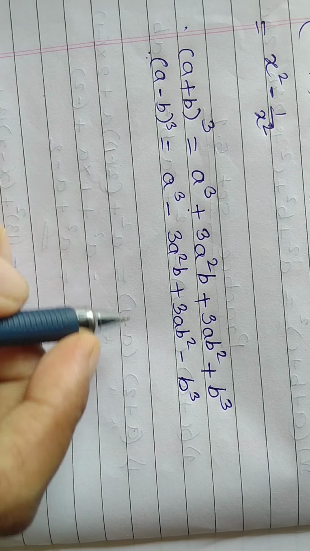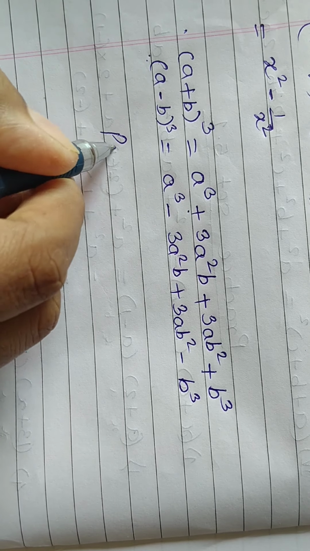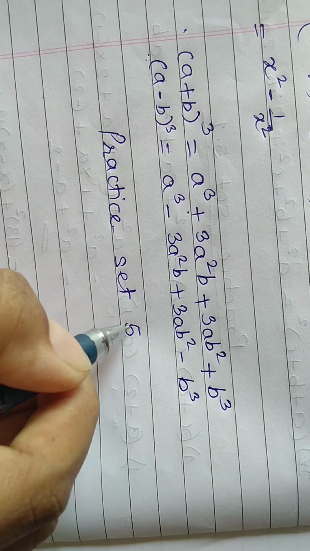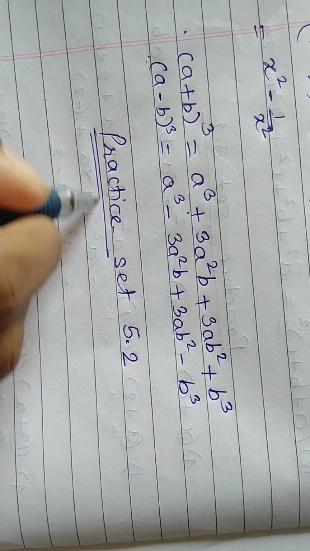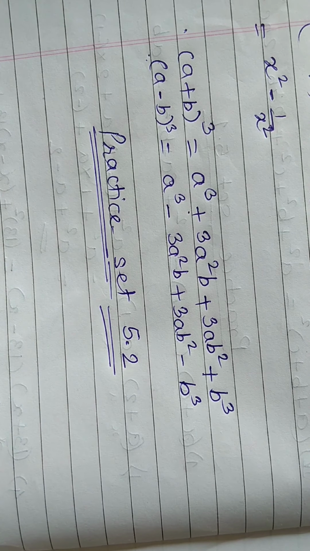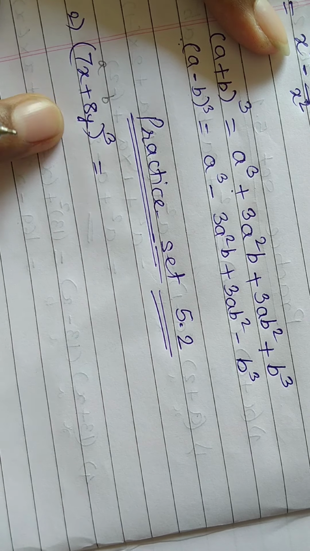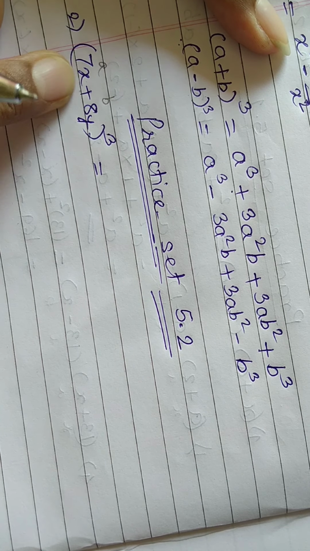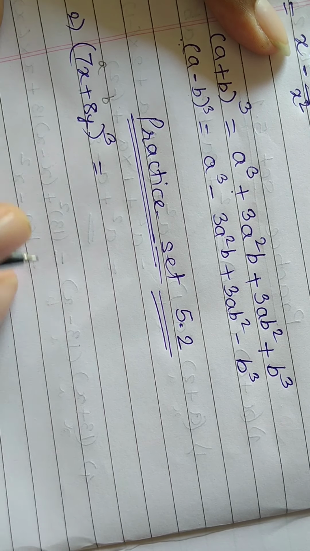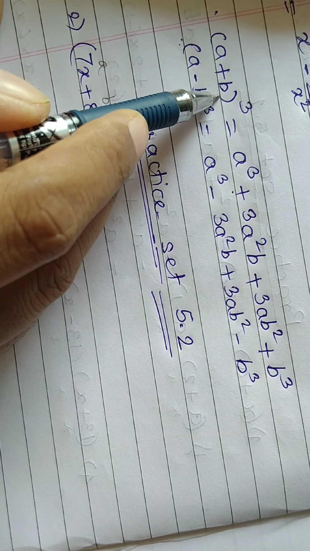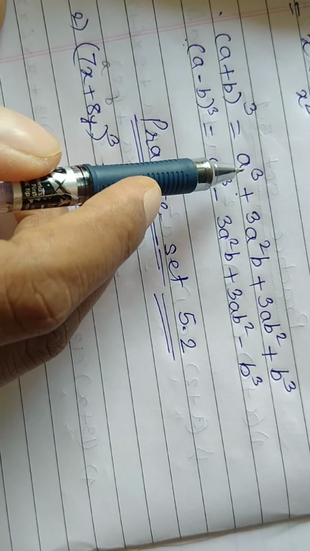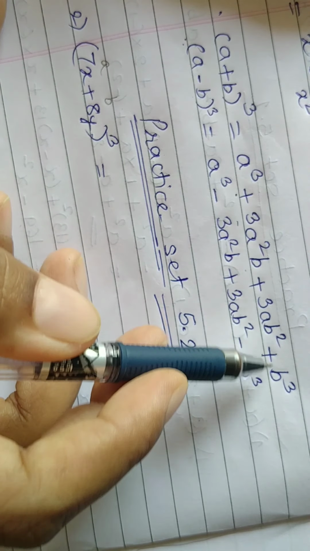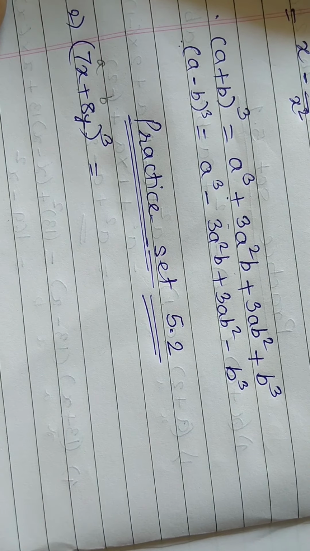Now we'll go to the practice set 5.2. So we'll see the second one. Here 7x is a and 8y is b. Our formula is a plus b whole cube is equal to a cube plus 3a square b plus 3ab square plus b cube.